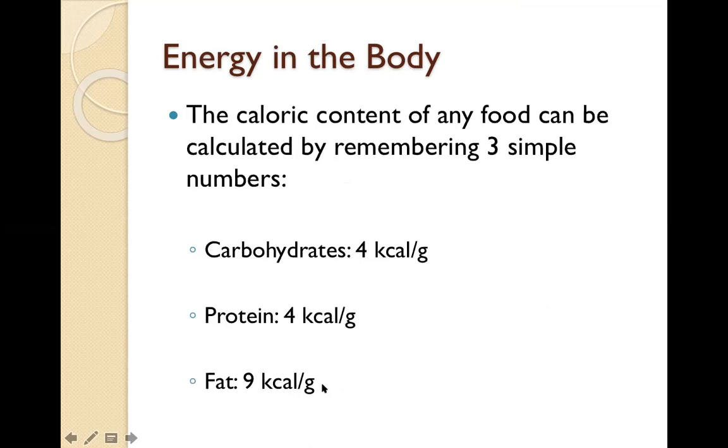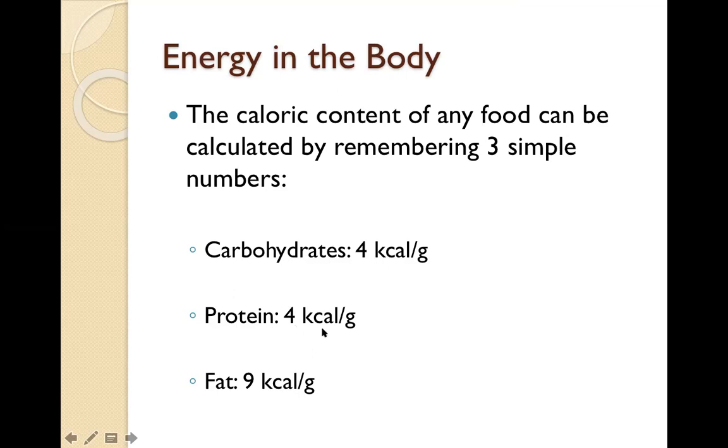The caloric content of any food can quite easily be estimated by remembering 3 really basic numbers. The amount of energy per gram of the major biomolecules are as follows. Carbohydrates have 4 kilocalories per gram, so that would be equivalent to 4 big C calories per gram.